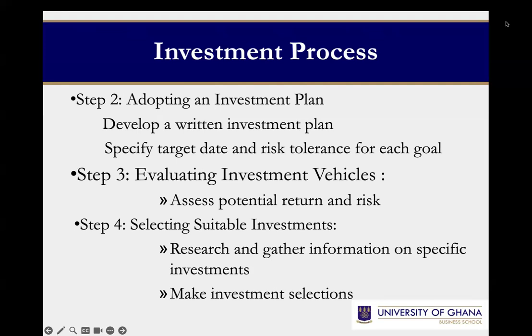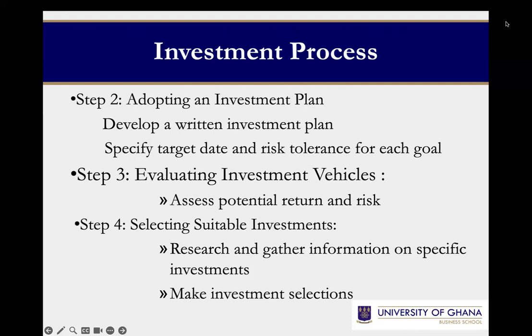And that could also mean even specifying a target date and risk tolerance for each goal. With terms of the risk tolerance, you decide how much risk you want to take. And so that becomes your guiding tool in determining what you take on and what you do not take on.